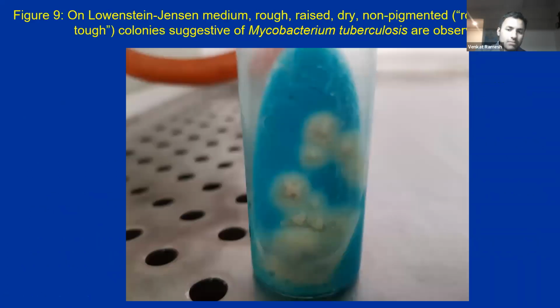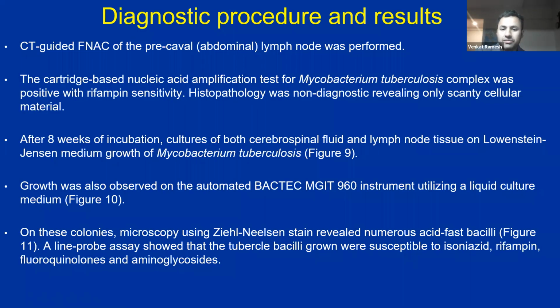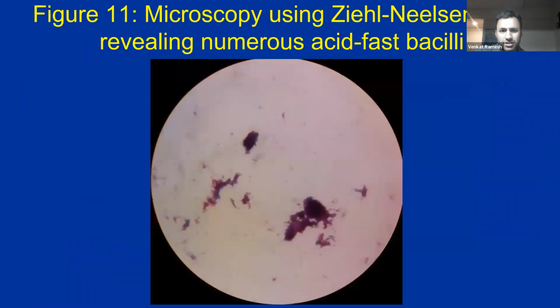So a negative TB PCR in the CSF does not in any way exclude the diagnosis of tuberculosis. And the fact that she had tuberculosis outside the CNS was indirect proof of tuberculous meningitis.